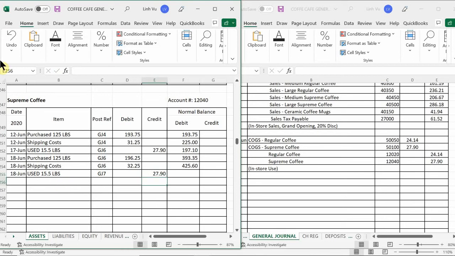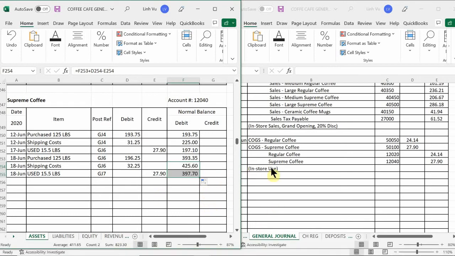So what should my account balance be in my Supreme Coffee? 397.70. 397.70. Good. And that should match your inventory worksheet, right? Right.